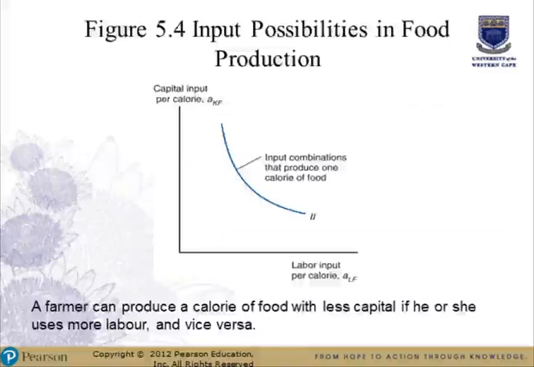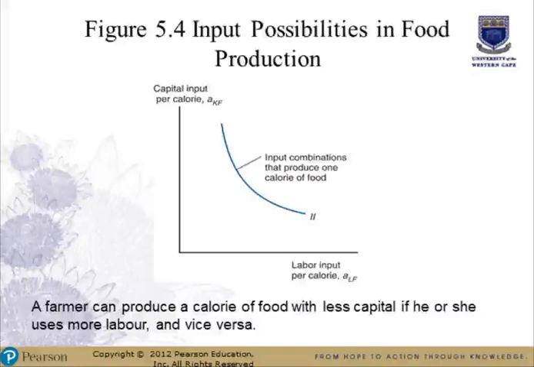The choice of input combination depends on the wage paid to labor and the rental rate paid for leasing capital. If the wage rate is high or increasing relative to rental rates, the firm will choose to produce using more capital, whilst if the rental rates are high or increasing relative to wage rates, then the firm will choose to produce using more labor.